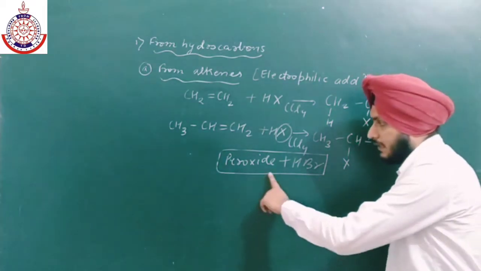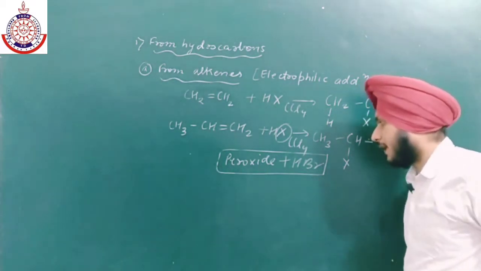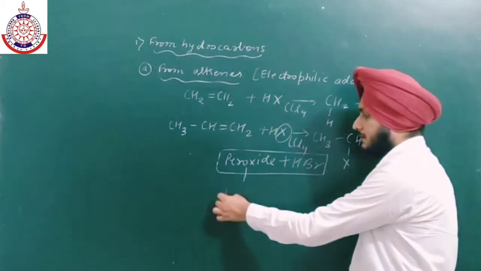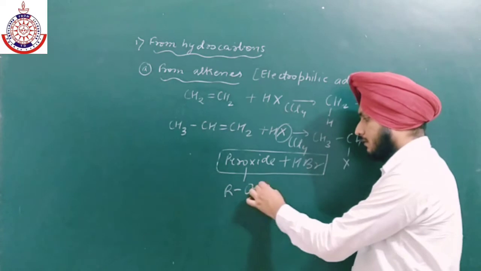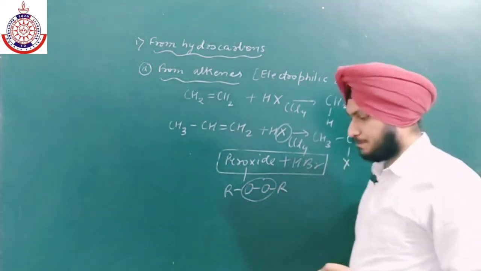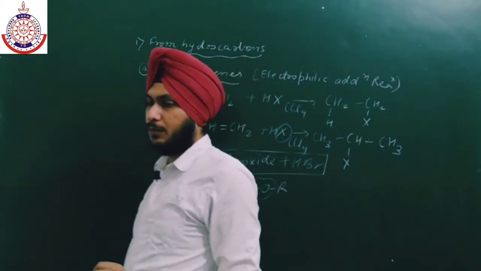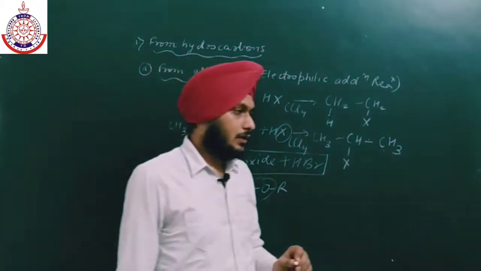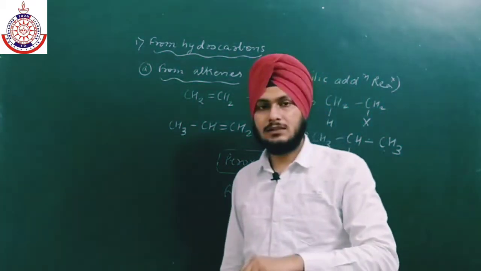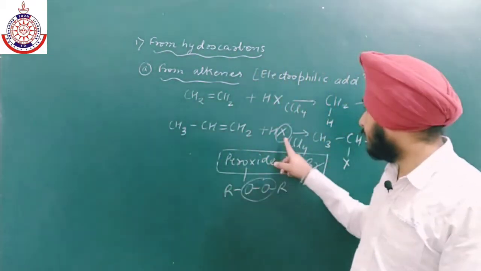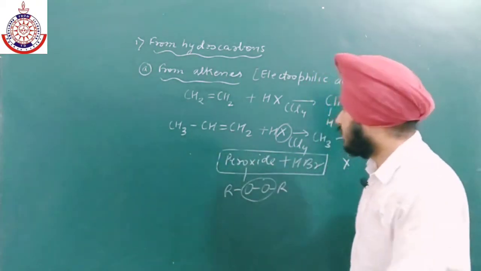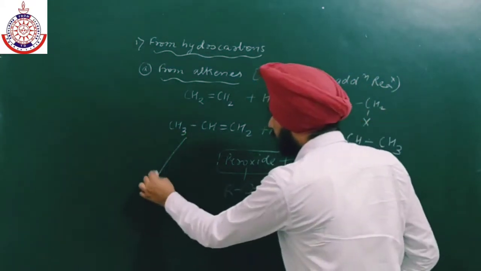What is peroxide? Peroxide is O2 negative; this group is known as the peroxide group. In this case we will get the opposite product, the anti-Markovnikov product. The anti-Markovnikov product is the one in which the negative part is added to that carbon which has the greater number of hydrogen atoms.